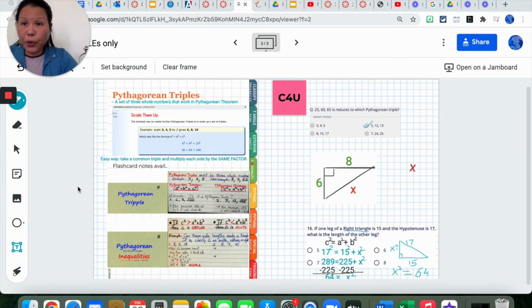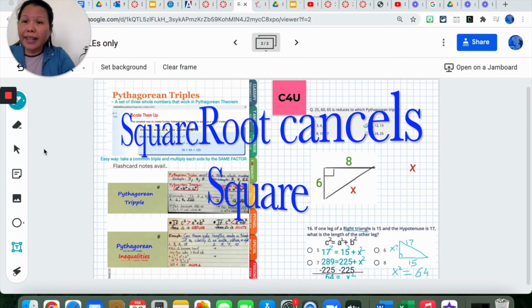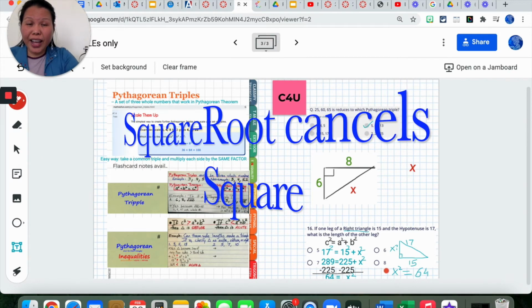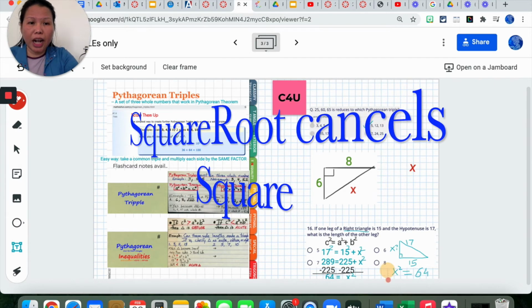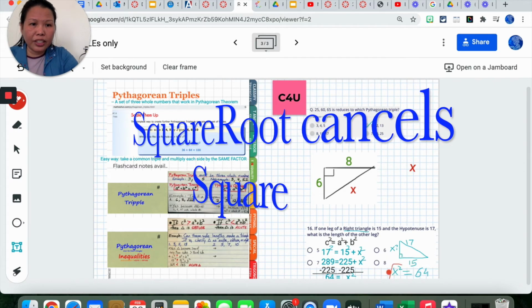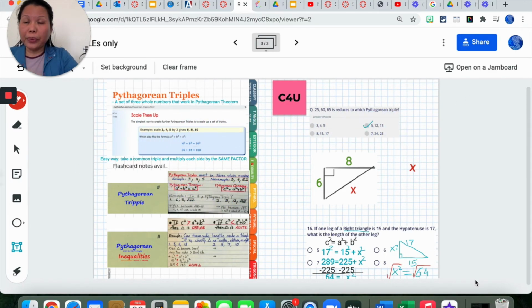I get 64 equals x squared, and I know I'm running out of room on the bottom right there, so I wrote x squared equals 64 on this side. One last step to do. Anytime you have x squared, you will get x just by taking the opposite of square, which is the square root of both sides. At this point, I hope you will remember 8 times 8 is 64. The answer for our x right here is 8, which is maybe choice D.